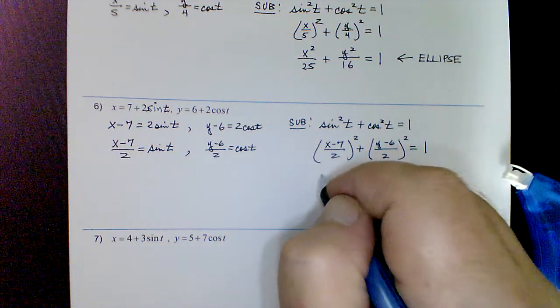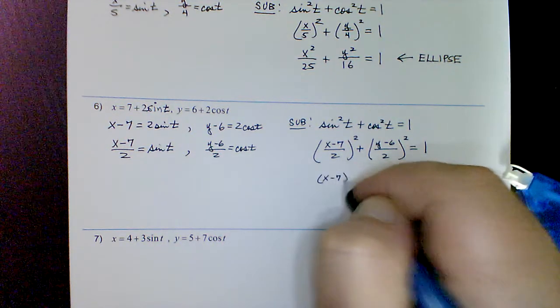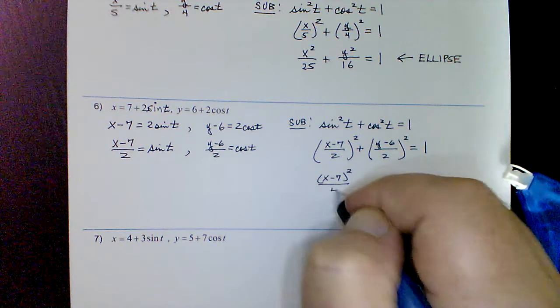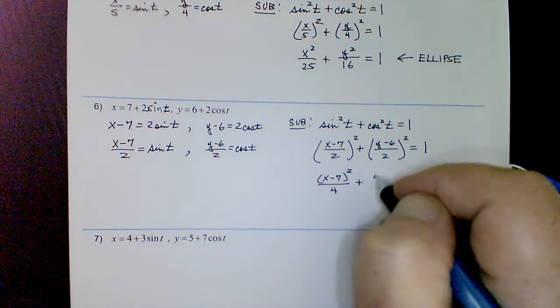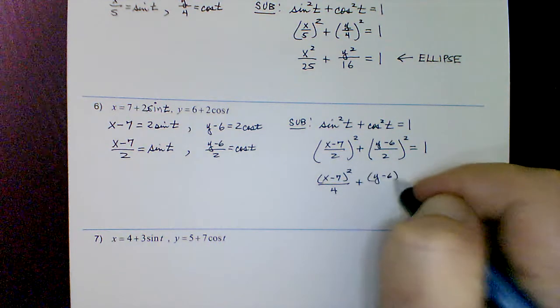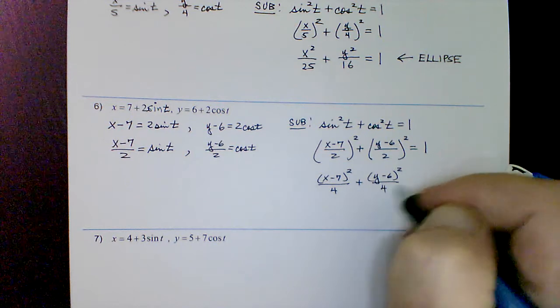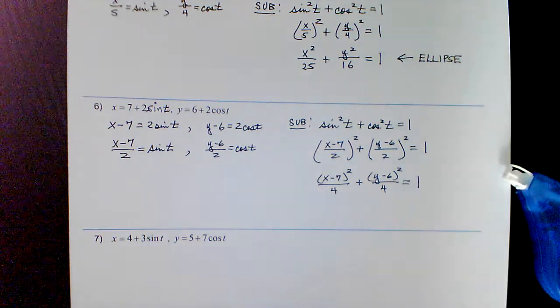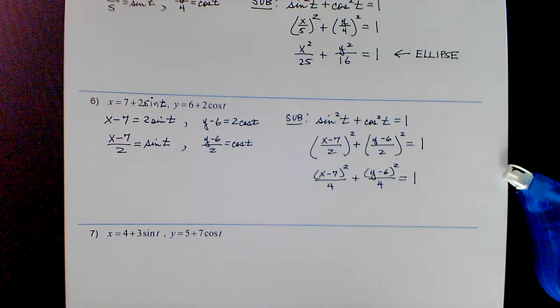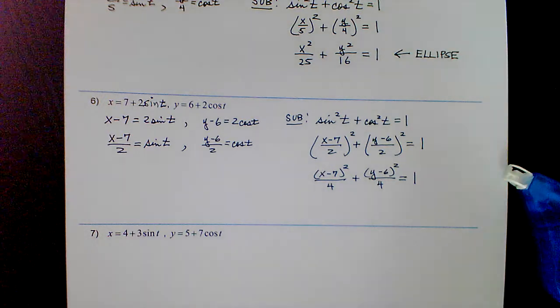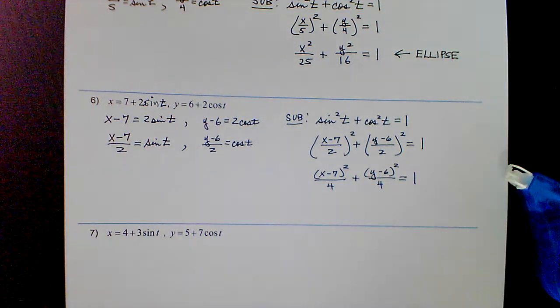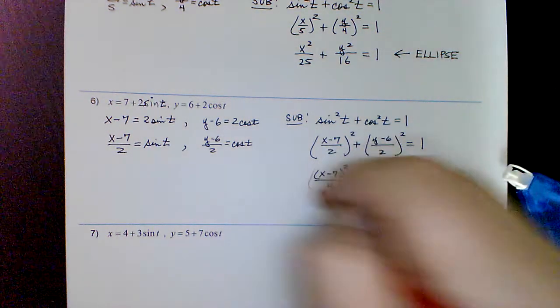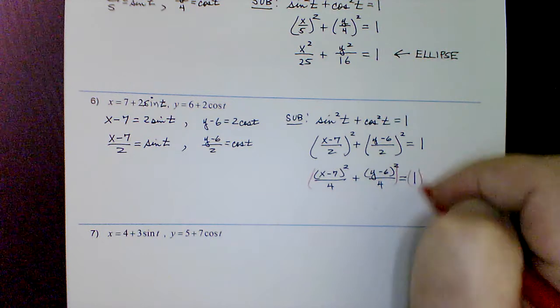Okay, I'm going to take this a little slow. I'm just going to say x minus 7 quantity squared over 4, plus y minus 6 quantity squared over 4 equals 1. And then noting that the denominators are the same, I'm going to clear the fractions. See, if the coefficients are the same, it's a circle.